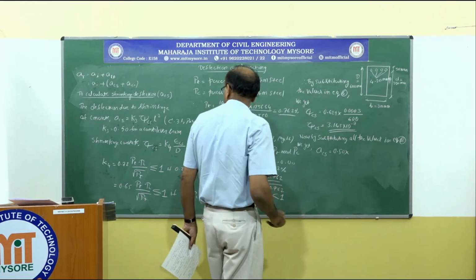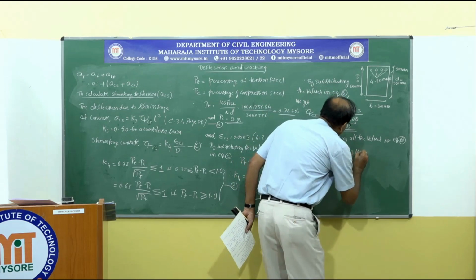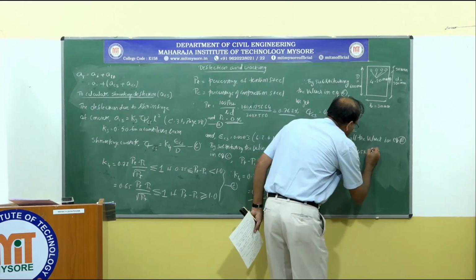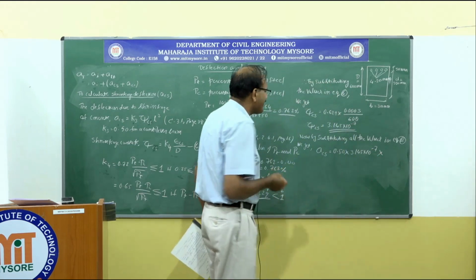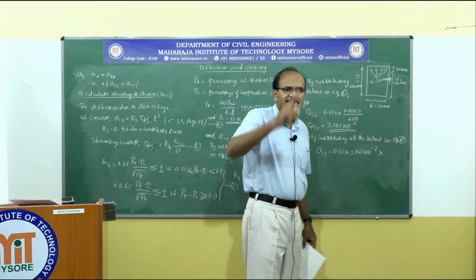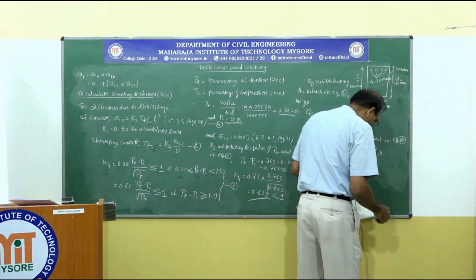Psi CS is 3.145 into 10 to the power of minus 7, and the next value is L, that is the length of the cantilever. So the length of the cantilever is 3.5 meter.